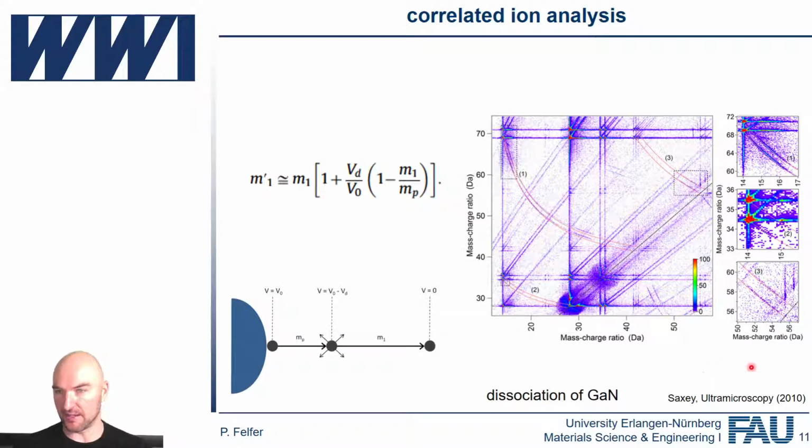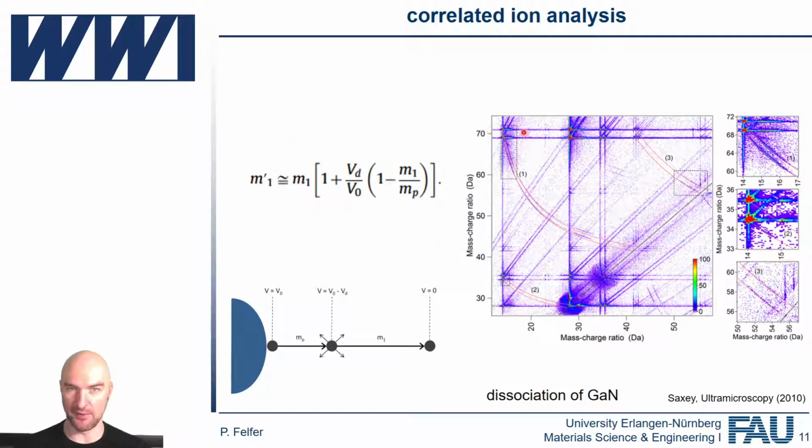This is something that David Saxey found out, published in 2010. If you have two ions and they travel for a little while together, and then they split up at a certain potential drop VD, then they have a certain energy deficit that's governed by this equation.